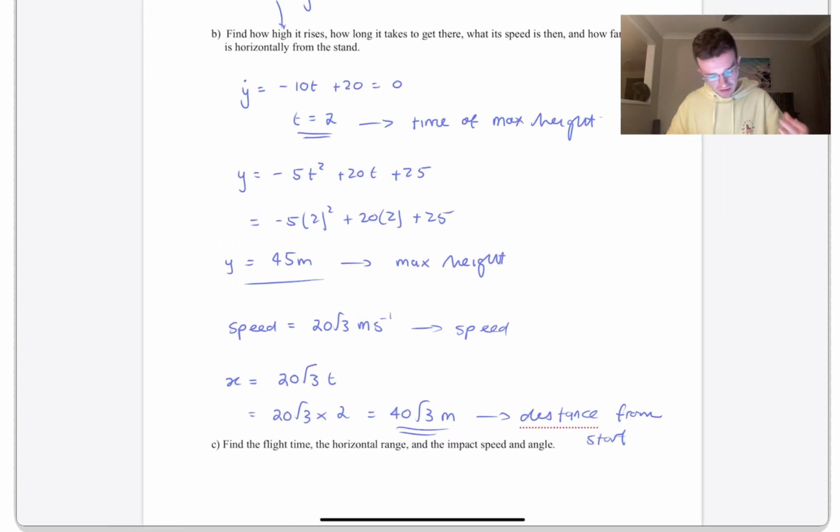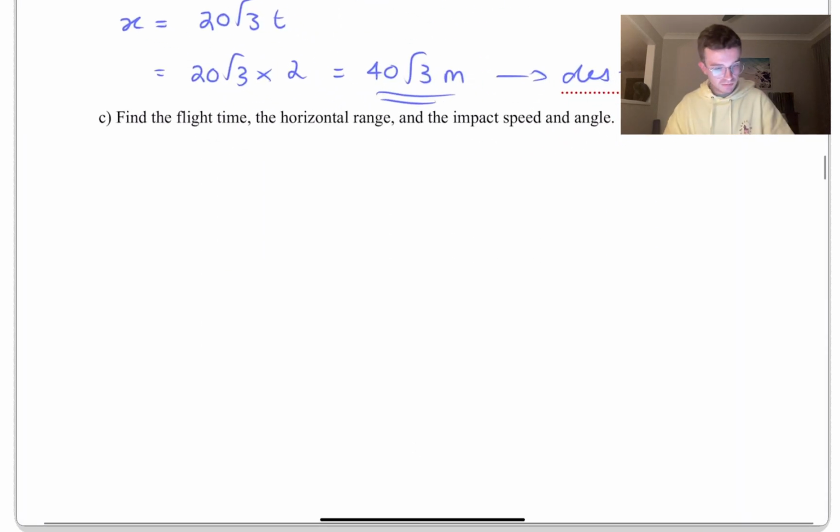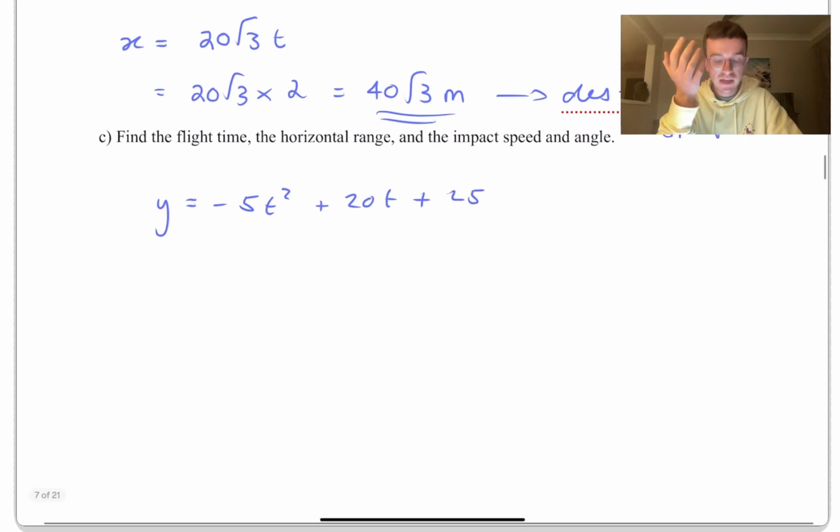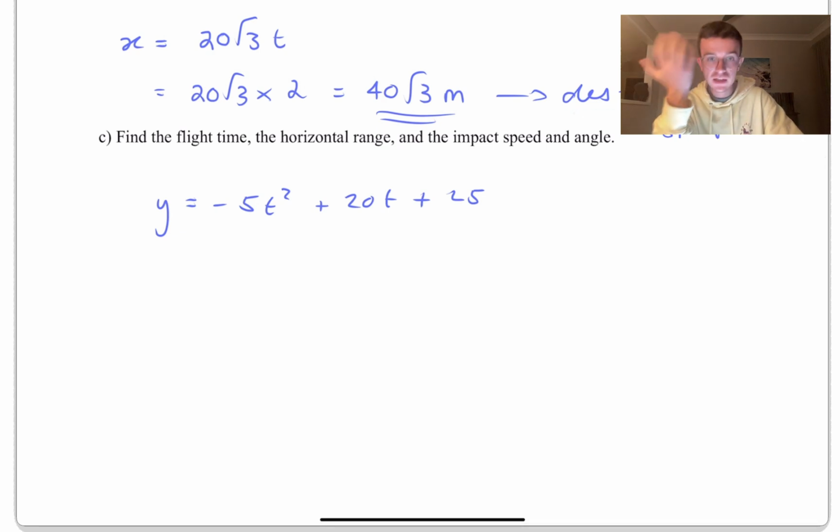Part C says find its time of flight, horizontal range, and the impact speed and angle. Now we know the equation for y is minus 5t squared plus 20t plus 25. The only way we can find its time of flight is to ask ourselves, when does it land? The second you land, that's your time of flight, and that's when y is 0, because you're down on the ground.